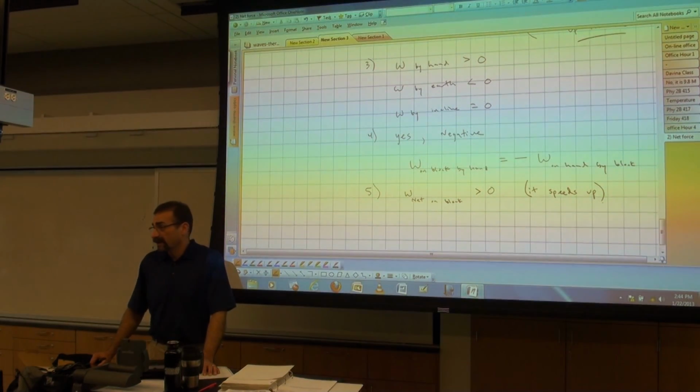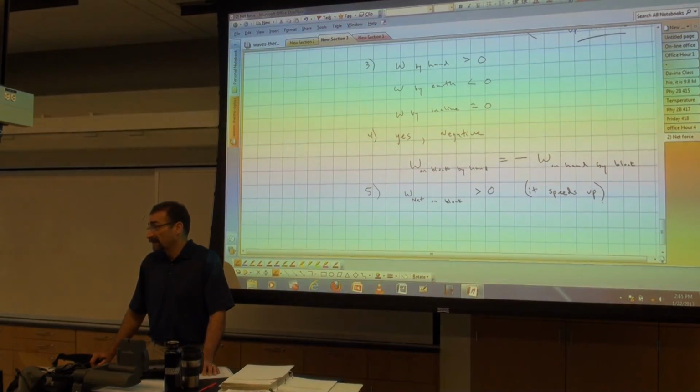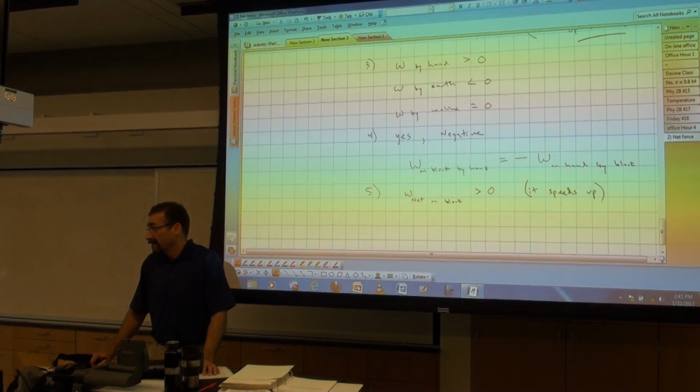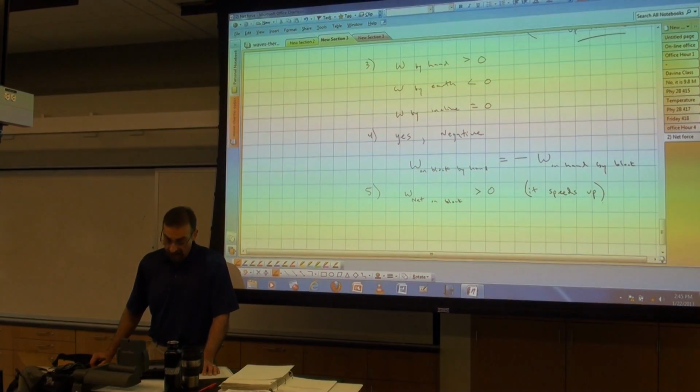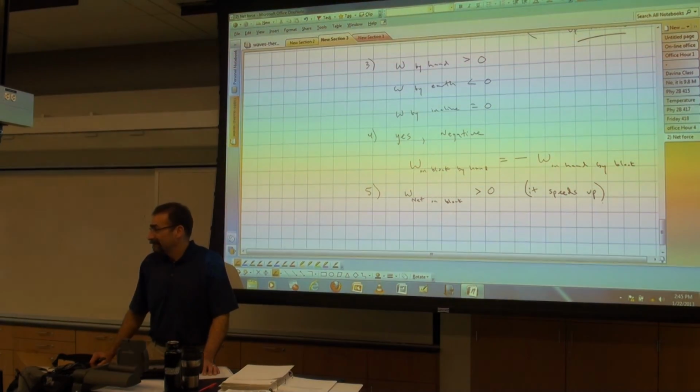We know the net work done on the block has to be positive because it speeds up. We know the work done by the hand is positive, the work done by gravity is negative. So which one's bigger?